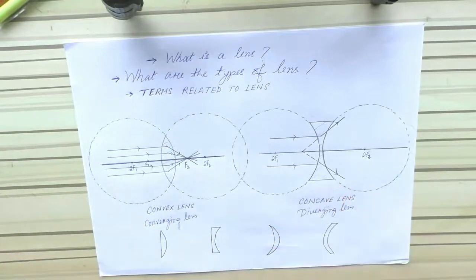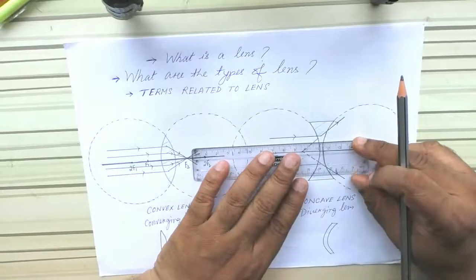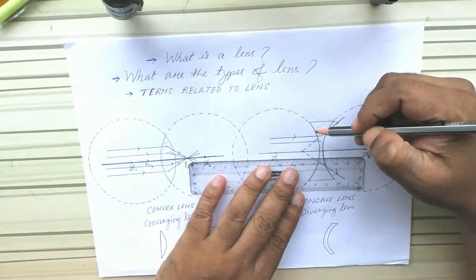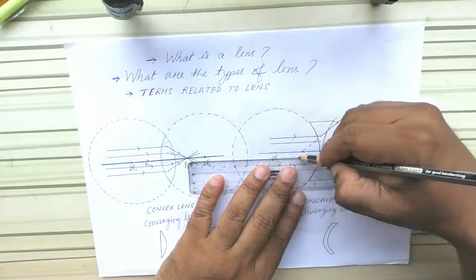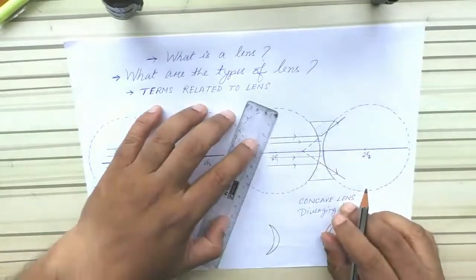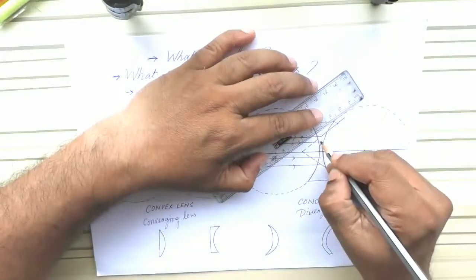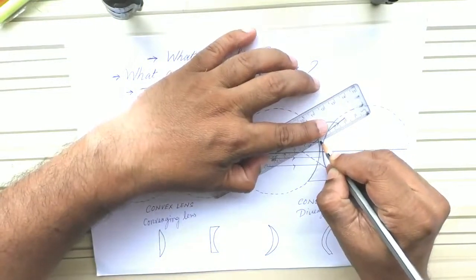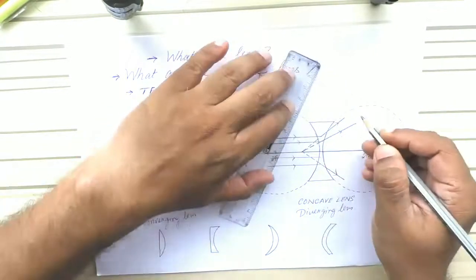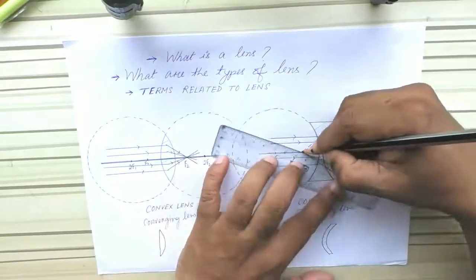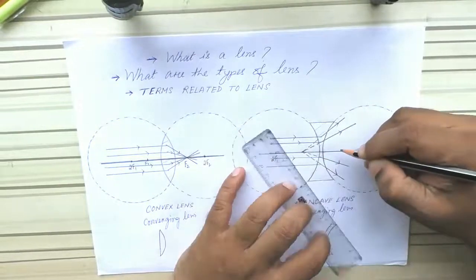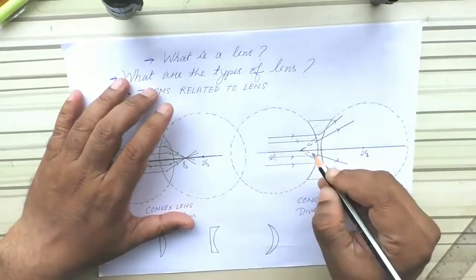And in case of a concave lens, if we allow a parallel beam of light parallel to the principal axis to pass through this concave lens, the light rays appear to diverge from a point on the principal axis, and this particular point is the principal focus.